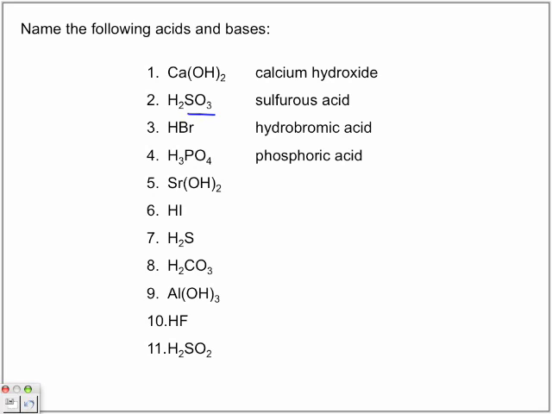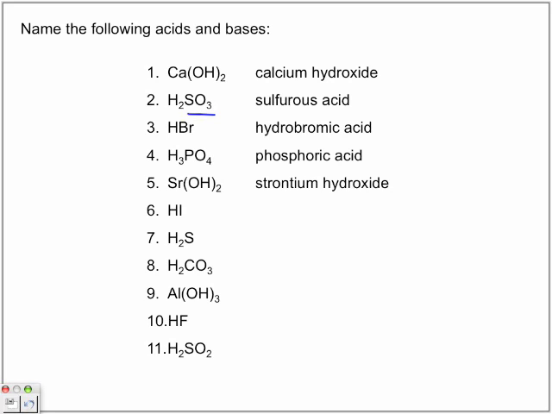Okay. The next one is Sr(OH)2. If you look at the periodic table, what's Sr? Strontium. And is there more than one charge for strontium? No, so we just name it as strontium hydroxide.